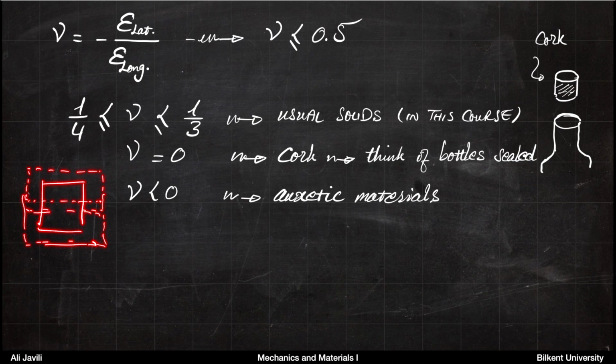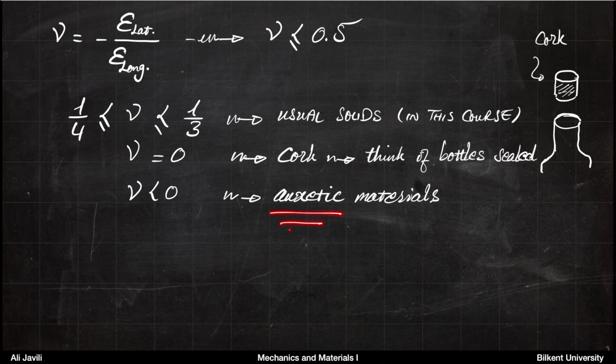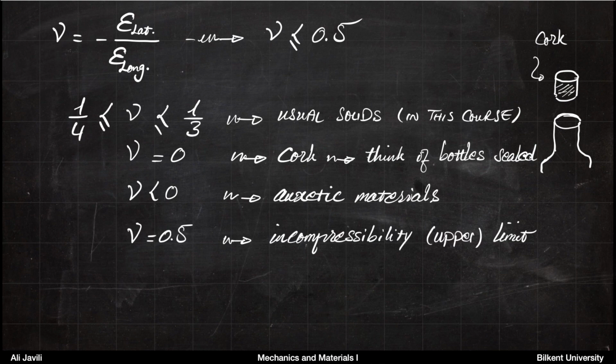These auxetic materials are not usually observed in nature, but you can manufacture them, such as metamaterials.